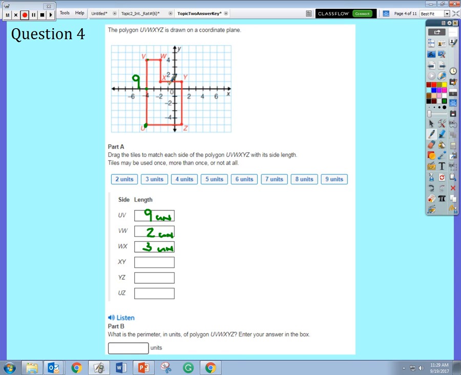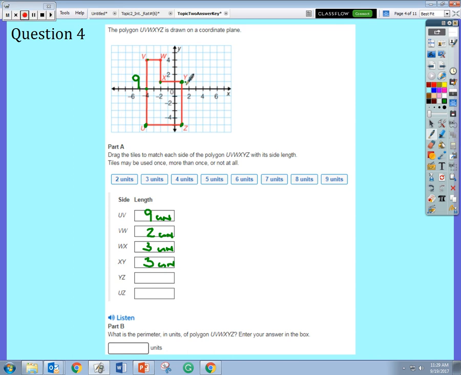If I go X to Y, I am again traveling on the x-axis. I go from -2, from X to Y, which is at +1. Well, from -2 to 0, which is where this intercept is, that gives me 2, plus 1 more over, so 2 plus 1 gives me another 3 units. Now I'm going YZ. Y is at 1, Z is at -5.